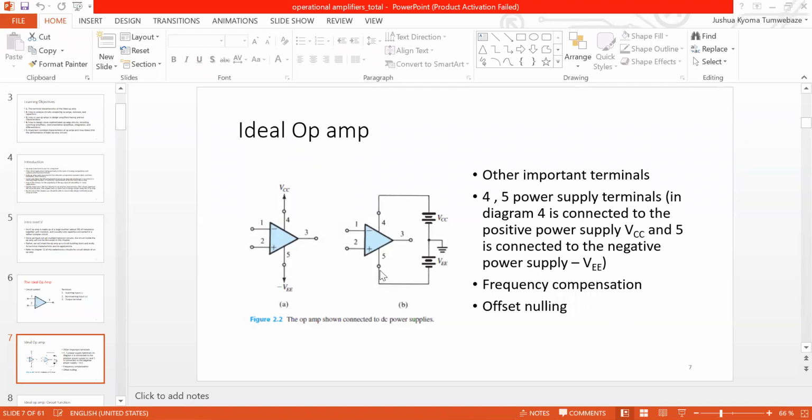You do this hopefully in the labs. And we'll see the importance of the power supply later on when we look at the large signal operation of the op amp. The other terminals which are included are for frequency compensation, which we'll see later on, and also for offset nulling.